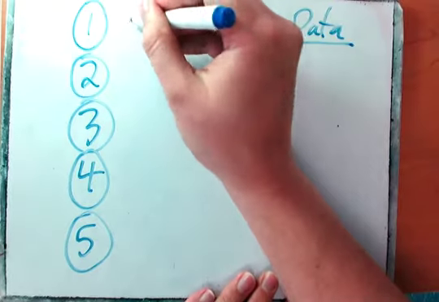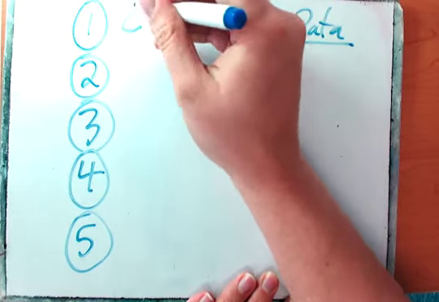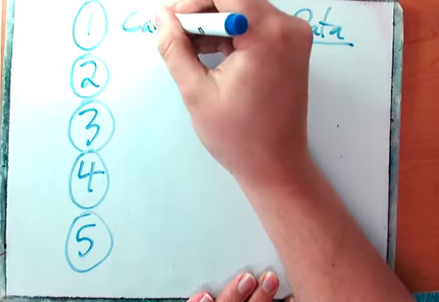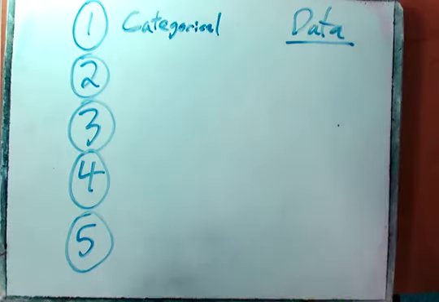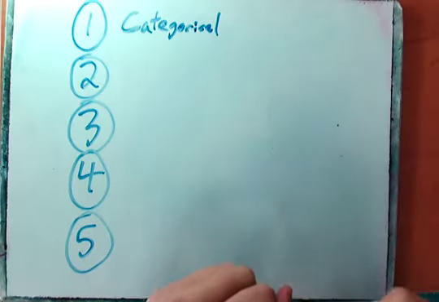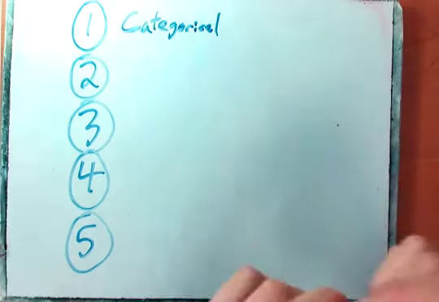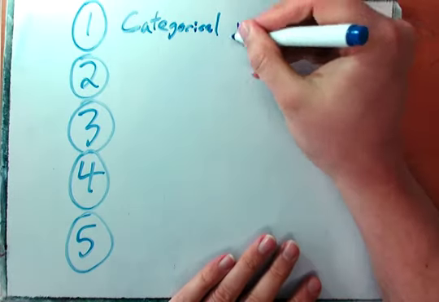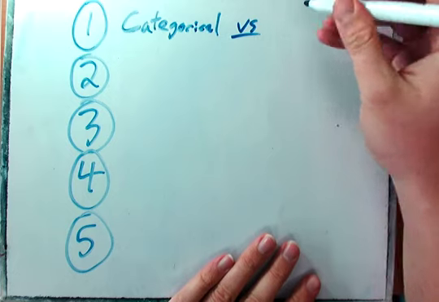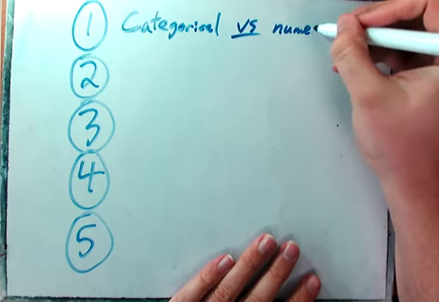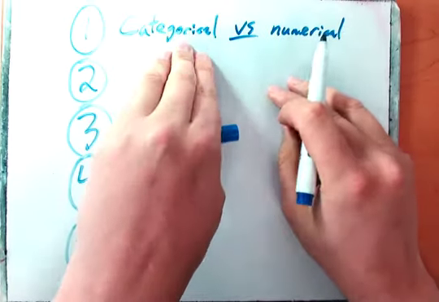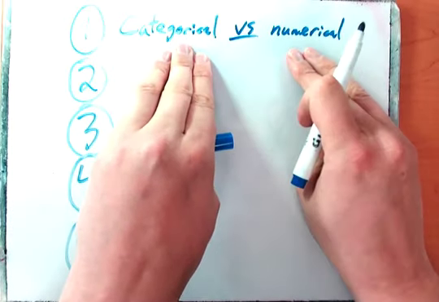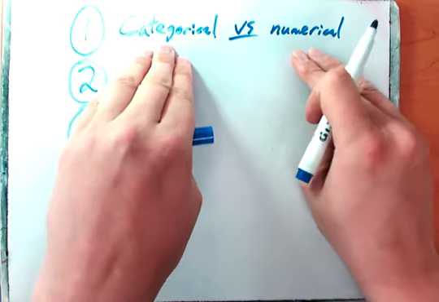So first one, I'm going to abbreviate them here. Actually, no, I'm not. Categorical versus numerical. Categories versus numbers.